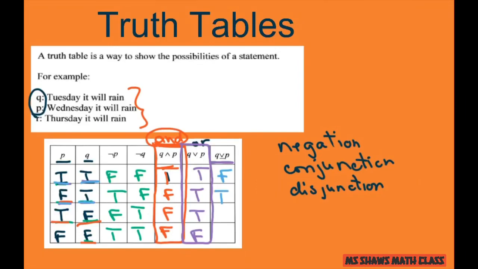Same thing for false or true, that's true. False or false but not both is false. So these are the ones you really need to know: negation, conjunction, disjunction, and exclusive disjunction.